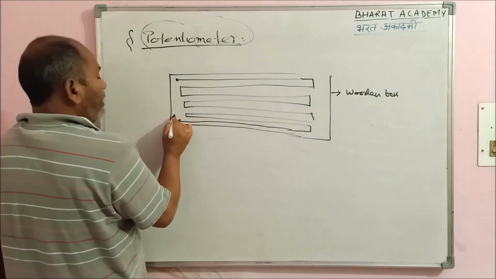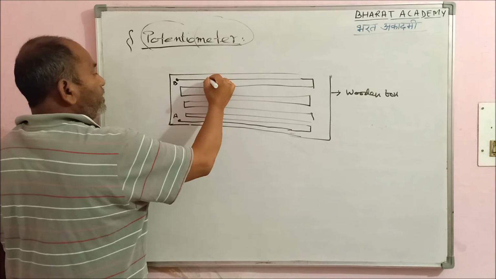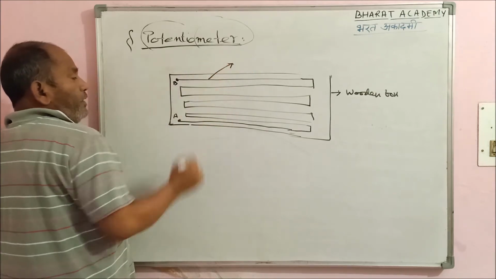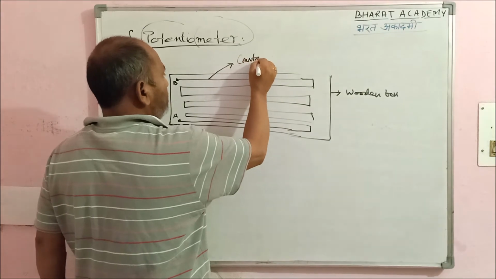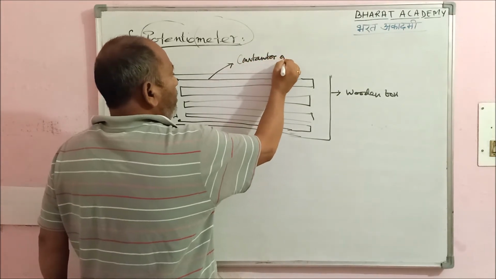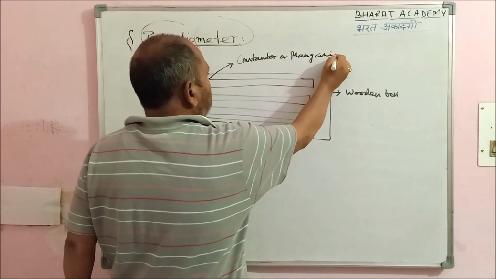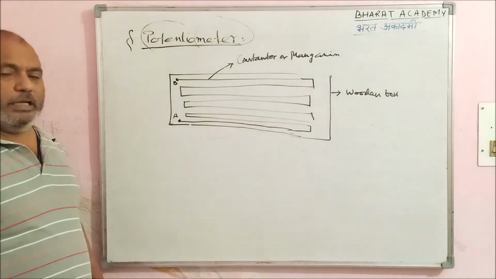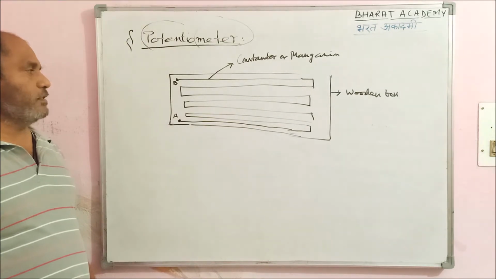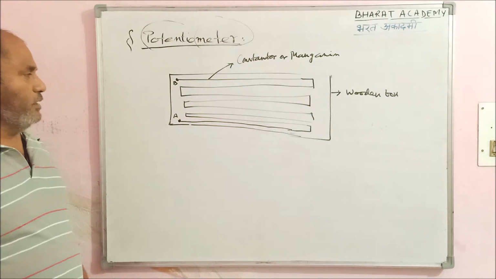This terminal A, this is B, and these are the wires. It is a wire made up of constantan or manganin. These are the alloys whose temperature coefficient of resistance is very small. They are almost independent of temperature, right?